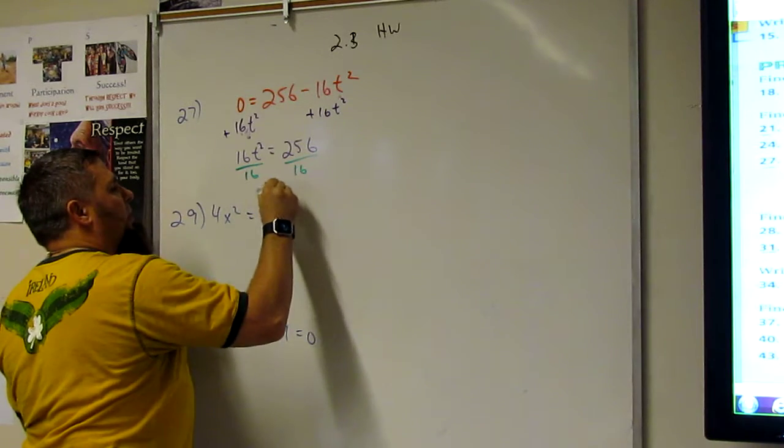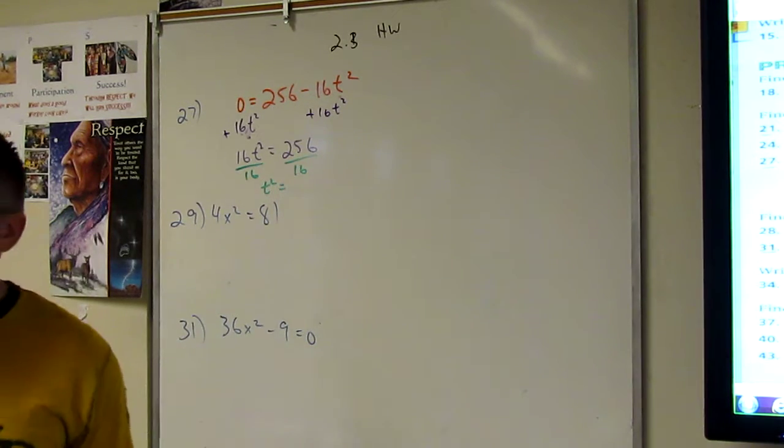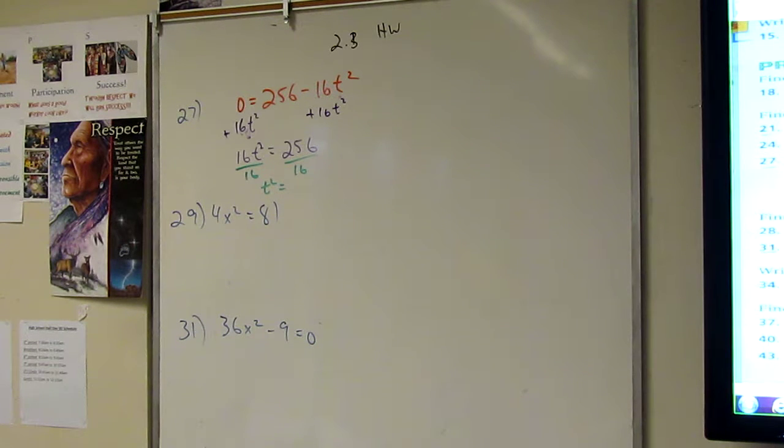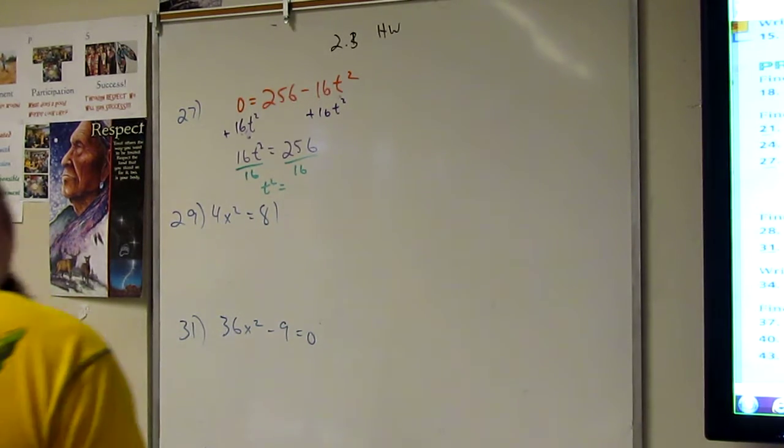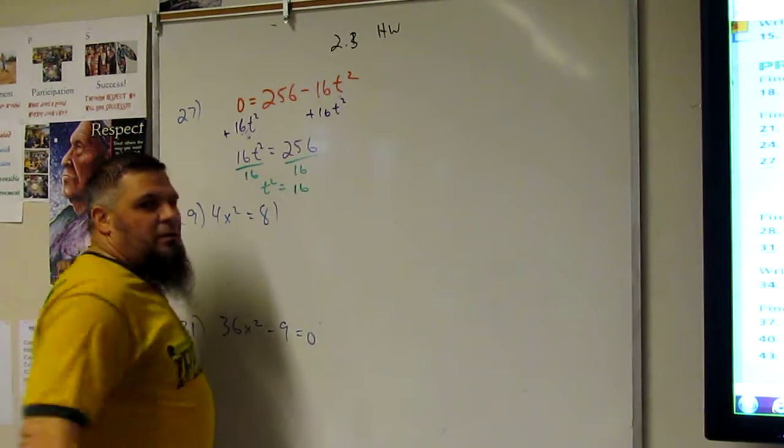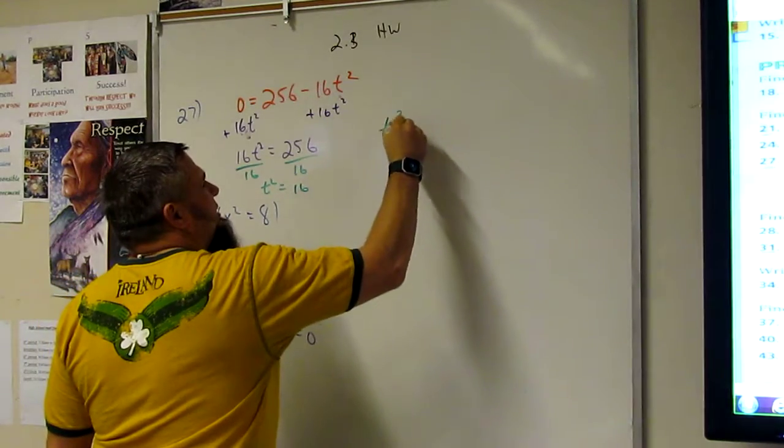And so I get t squared is equal to what? How many times does 16 go into 256? 16 goes into 25 once. Which leaves a lot left over. 16. Okay, so t squared is equal to 16.